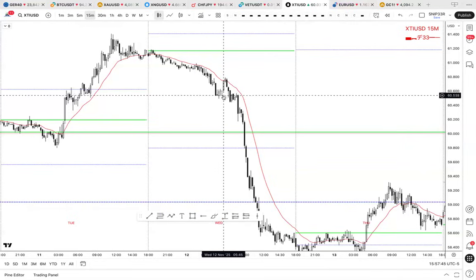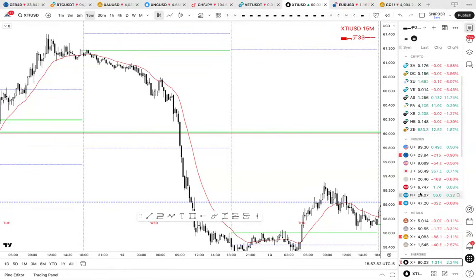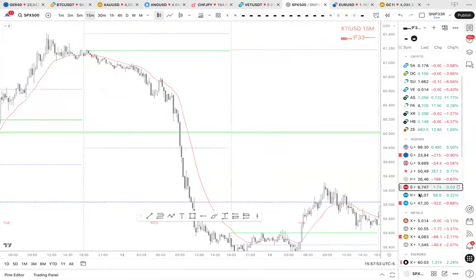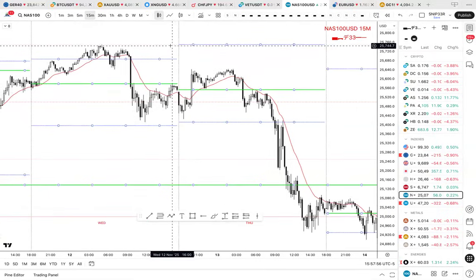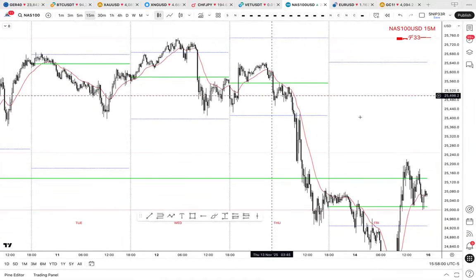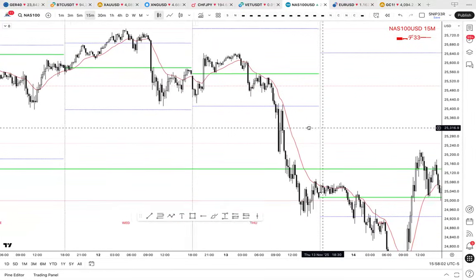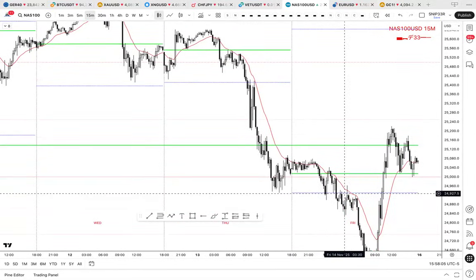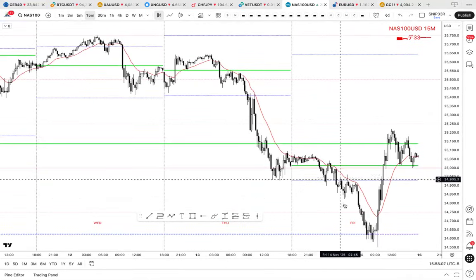As a matter of fact, there were so many ICT traders that were buying the Nasdaq Thursday and Friday. Let's just look at these trades. Thursday and Friday, there were so many ICT traders looking for buys. Well, Friday they did give a buy.